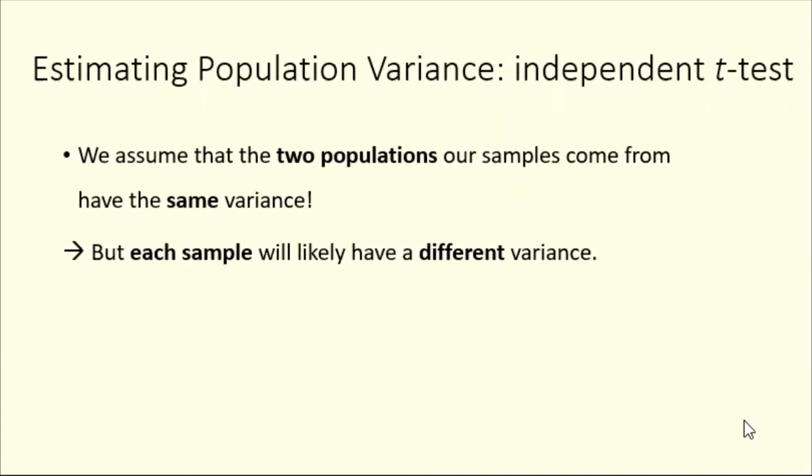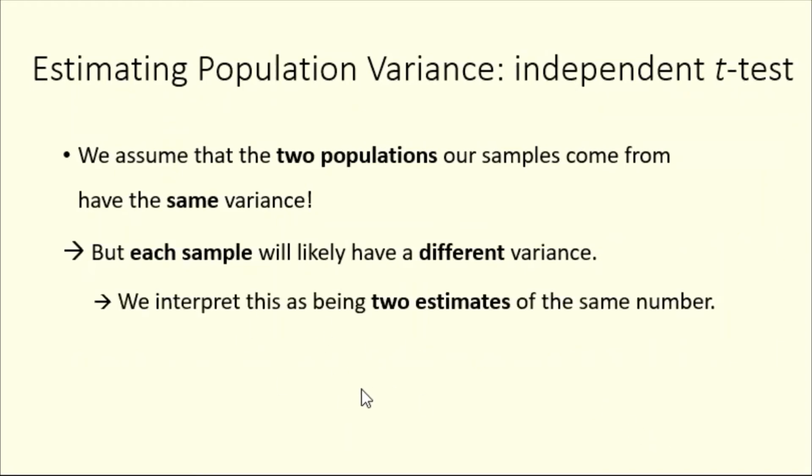But each sample is likely to have a different variance. So we assume that our populations have the same variance, but our samples are going to have different variances. To make that make sense, we interpret these 2 different variances of our samples as being 2 estimates of the same number.